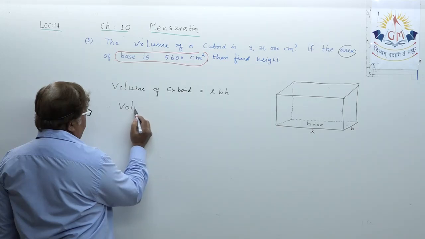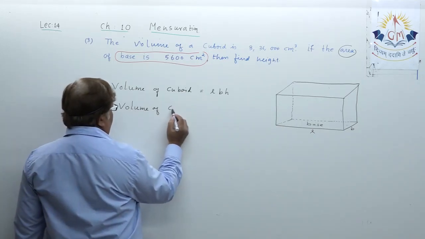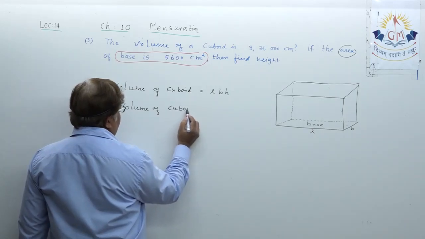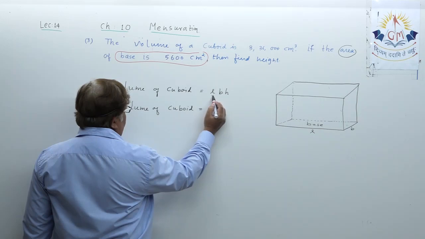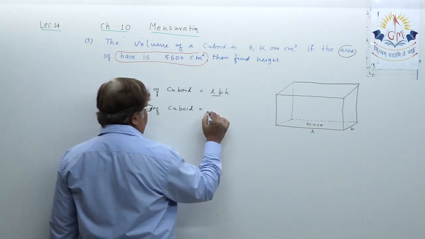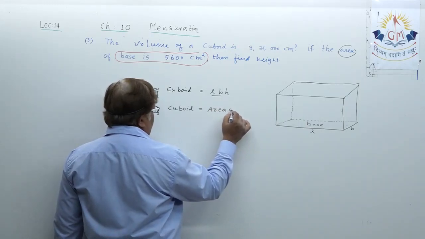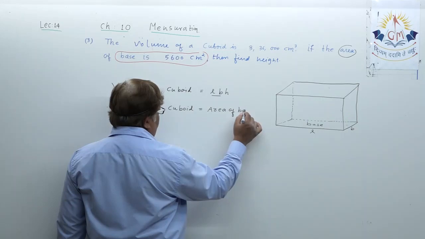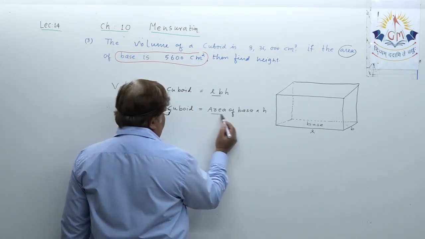Therefore, volume of cuboid equals, instead of L into B, if I write area of base into H. Do you agree with this?